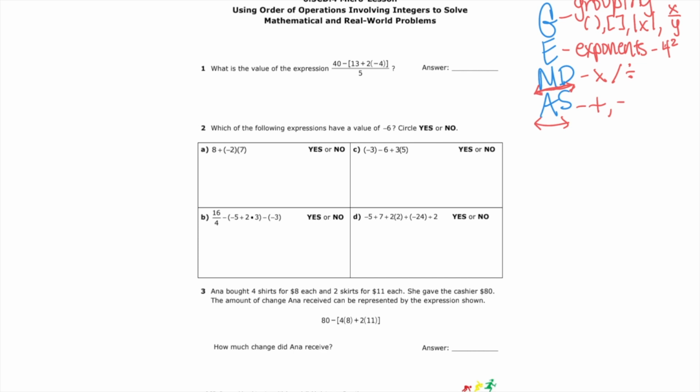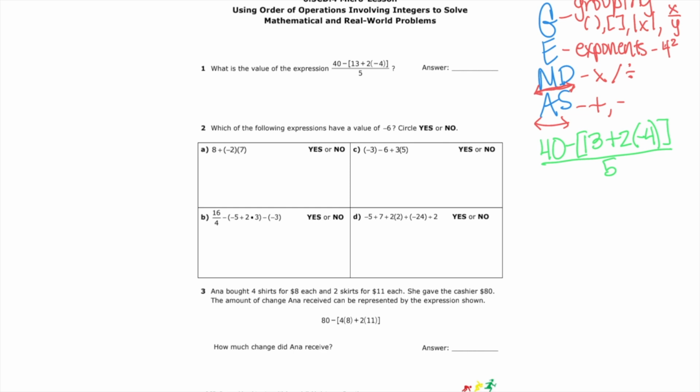All right, so let's look at this first problem together. We have 40 minus, in those brackets, 13 plus 2 times negative 4, all divided by 5, because that fraction means to divide.